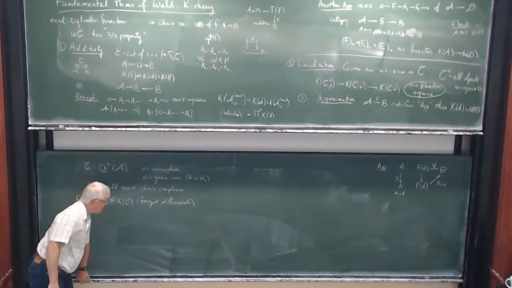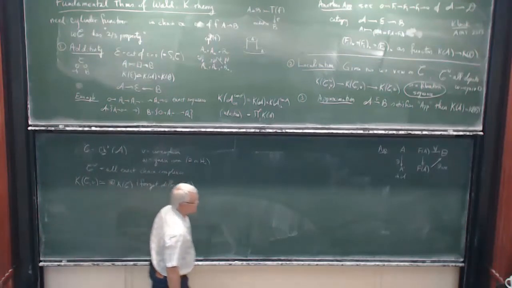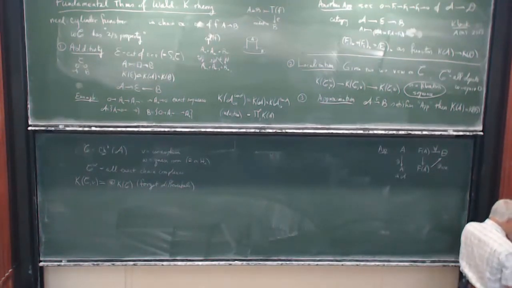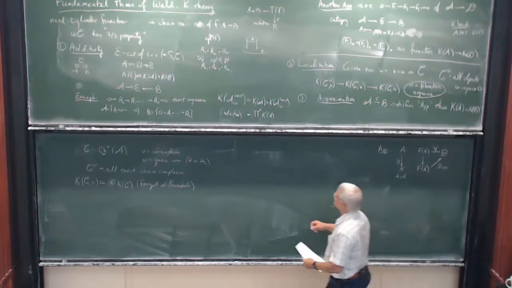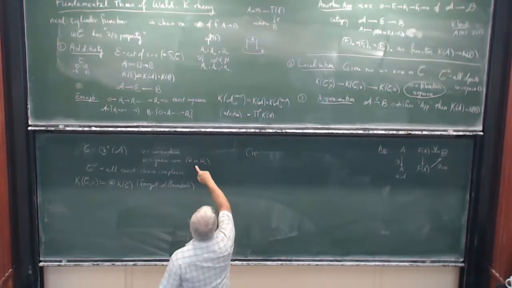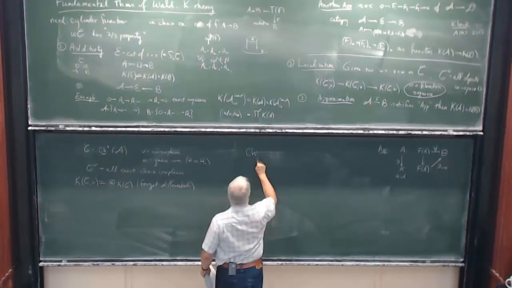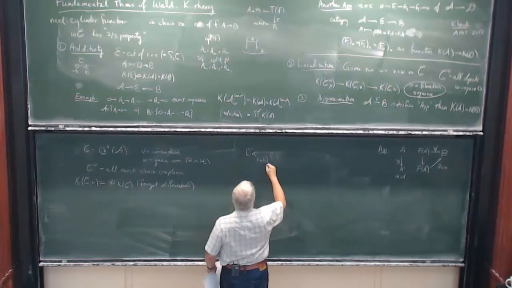Suppose that I look at chain complexes. So the notation that I was using up here is that the subscripts are telling you from where to where I'm going.